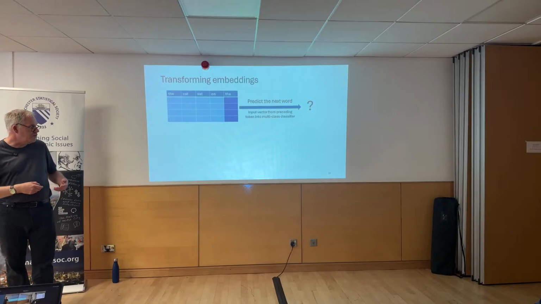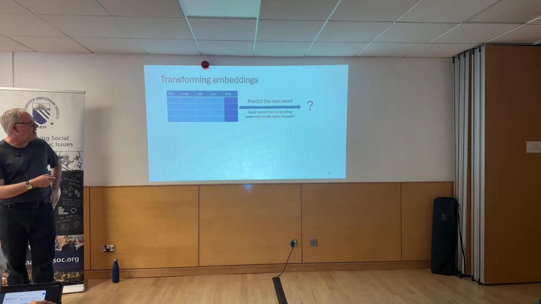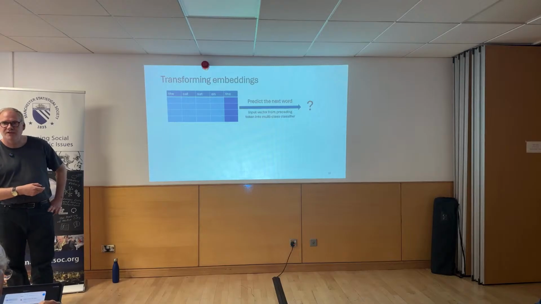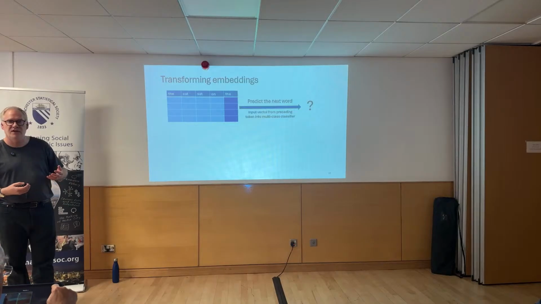The reason I'd like to be able to do that is that's actually a relatively simple machine learning task. It's machine learning 101. It's taking a vector of features to predict a label, predict which class I'm in out of a large vocabulary. It's the kind of thing that you learn in a first year class in machine learning or data science.